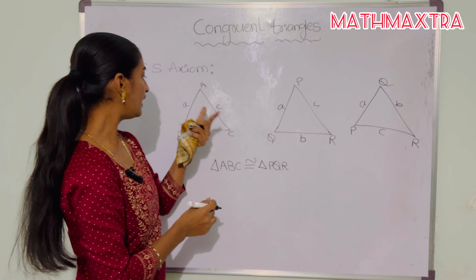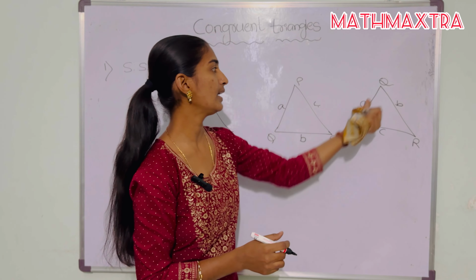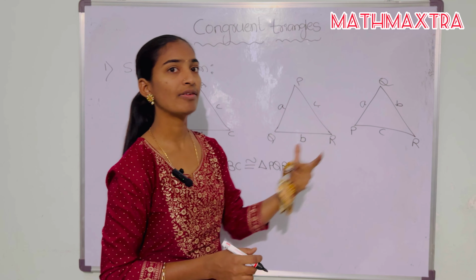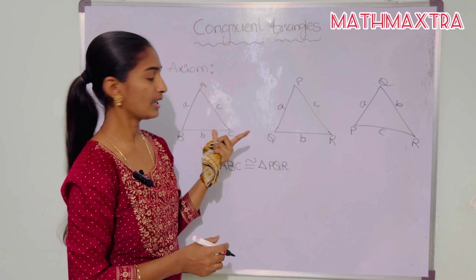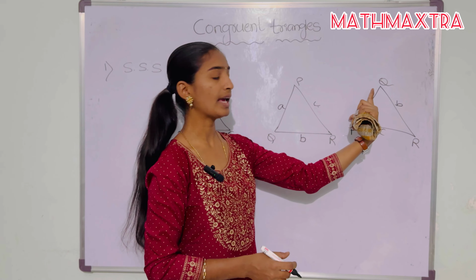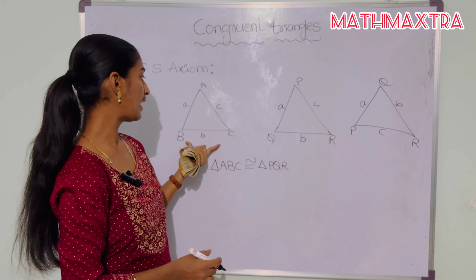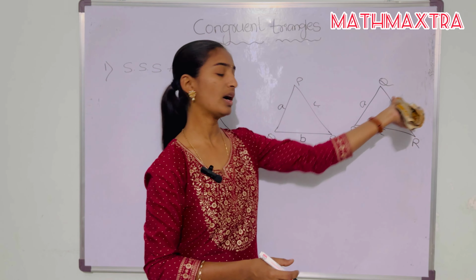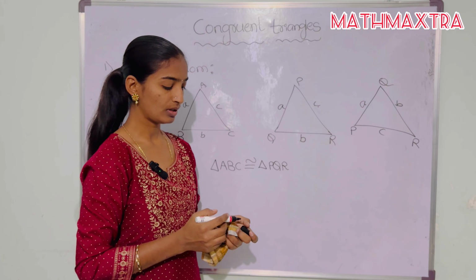Now, if you write triangle ABC is congruent to triangle QPR, then it is absolutely wrong. There you have to identify what are the corresponding sides in the two triangles. See, side AB must be equal to what? Side PQ. Yes. Next, side BC is equal to side QR. Yes, QR. So, this is the sequence you have to remember.